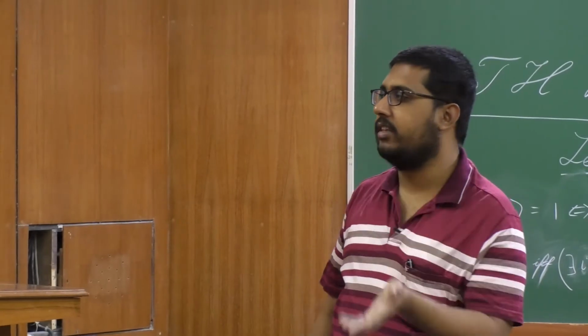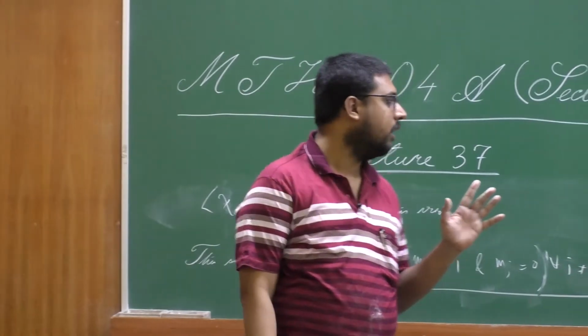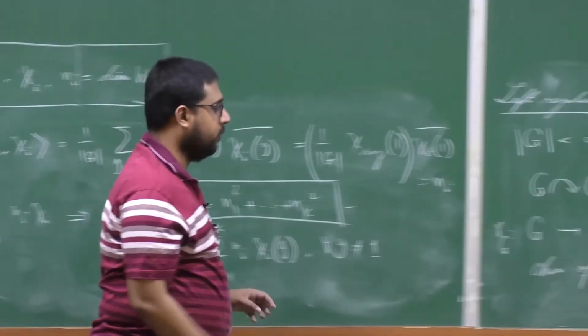If that is equal to the order of G, then we are completely assured that our collection is the collection of all representations.